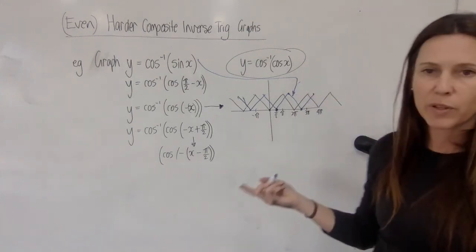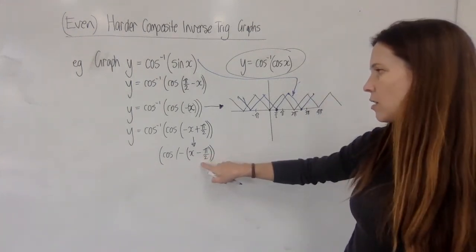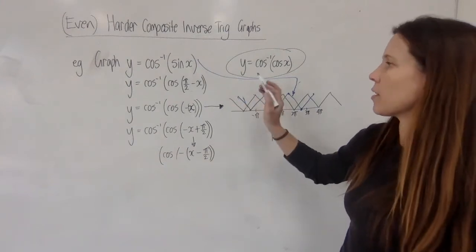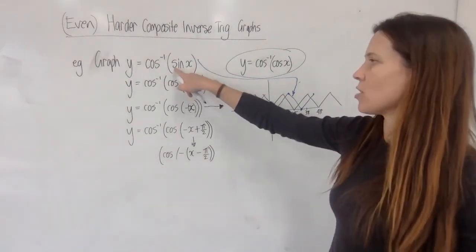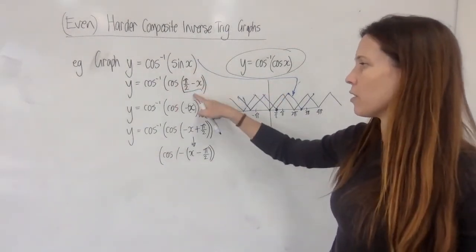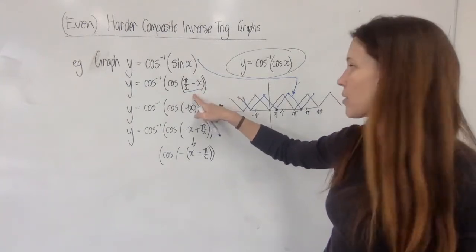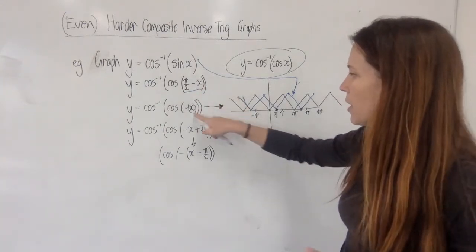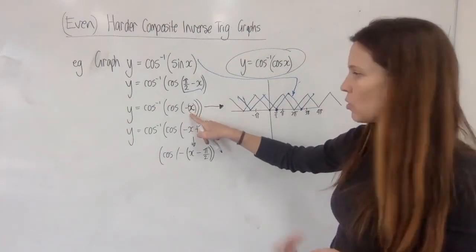Now, a little bit of a process there and a fiddly little thing to do in the end. But really, the key point was, first I changed sine into cos and made up for it. Then I noticed that this looks like some transformations. So to identify them, I started with the reflection, which didn't really do anything.